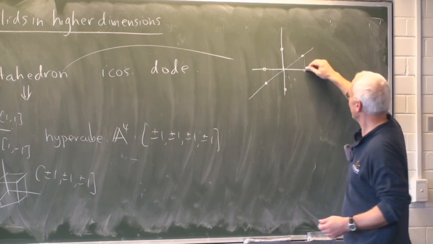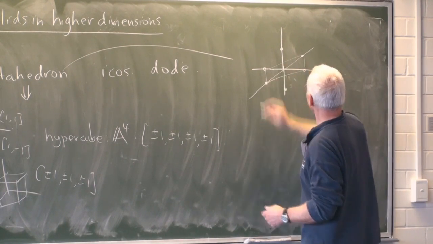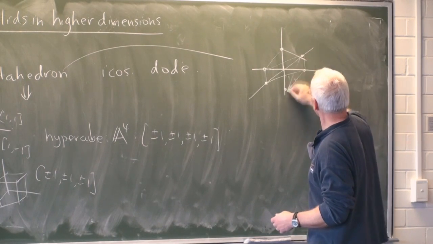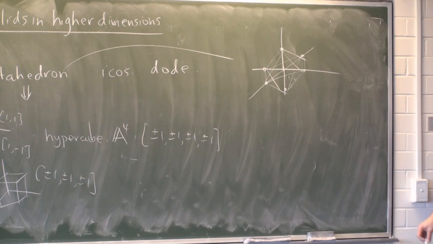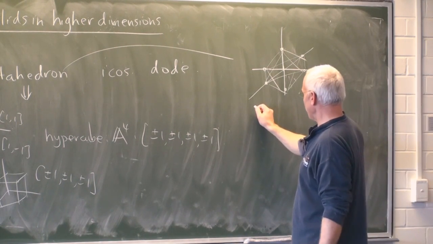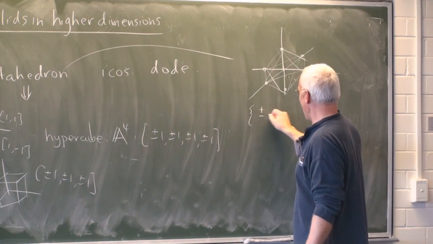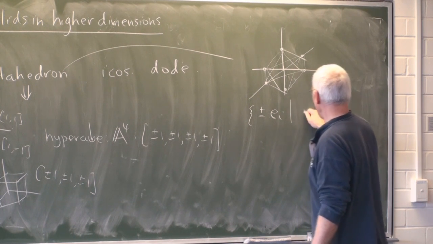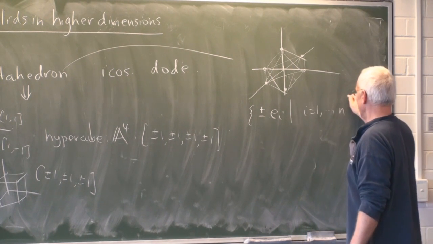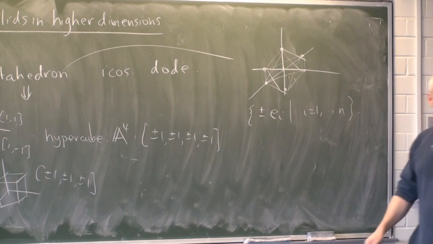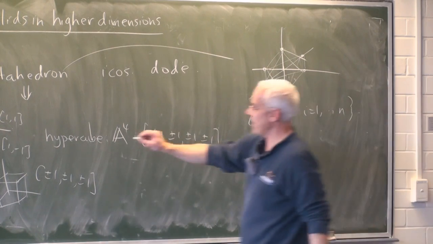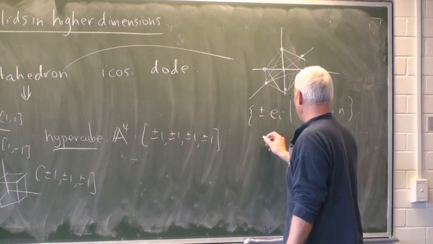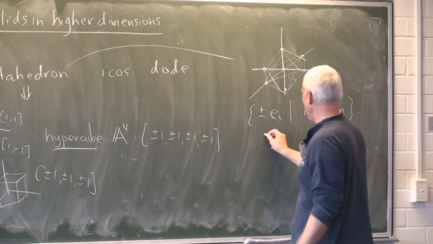Okay. So there's a square there. So what we're doing here is we're taking things of the form plus or minus Ei, where i goes from 1 to n, where the Ei are the standard basis vectors. So that gives us our hypercube, and this is often called an orthoplex.